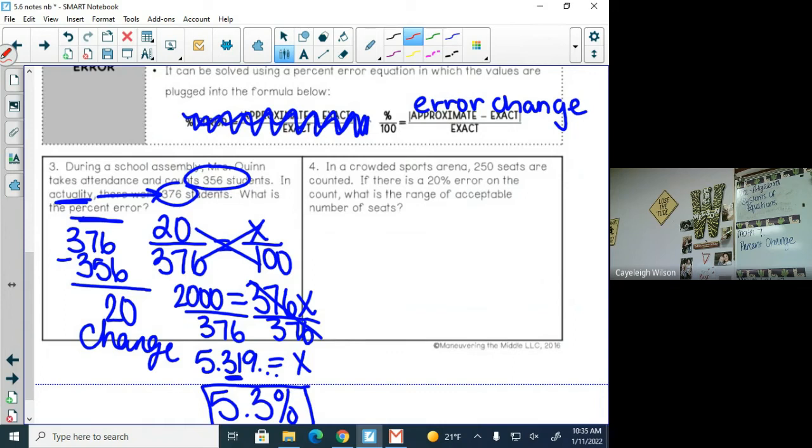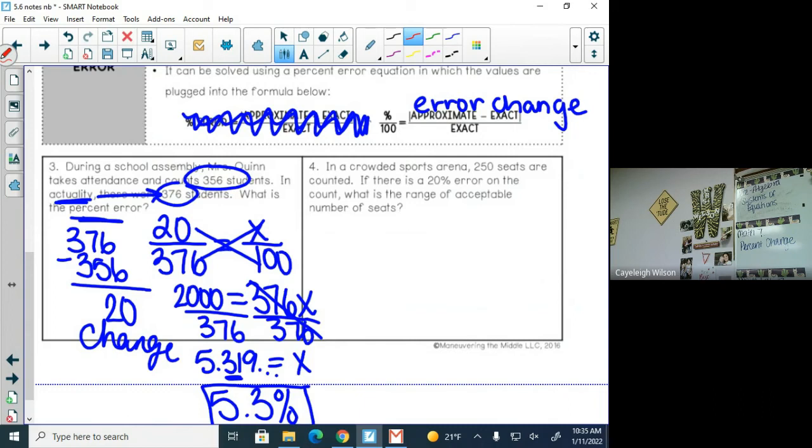It's like a safe amount. When you open canned goods or just packaged food in general, there's a percent error of how many insect legs are in there. So that's a real thing.